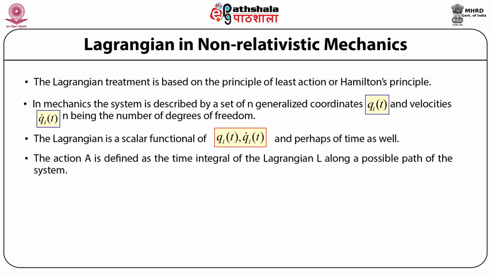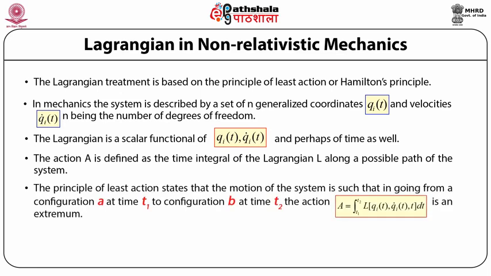of a system. The principle of least action states that the motion of the system is such that in going from a configuration A at time t1 to configuration B at time t2, the action A, which is equal to the integral from t1 to t2 of L(q_i(t), q_i dot(t), t) dt, is an extremum.